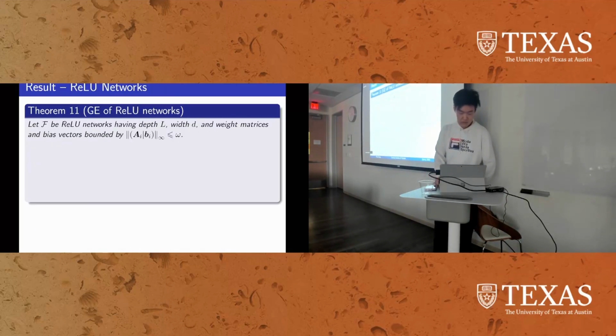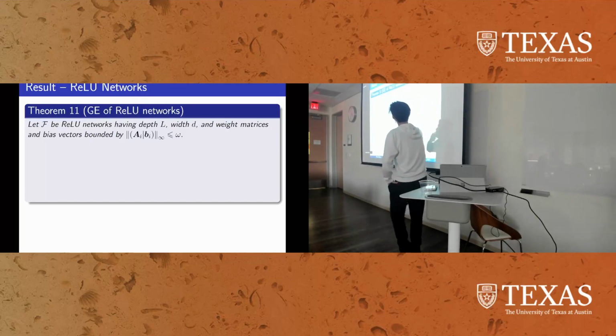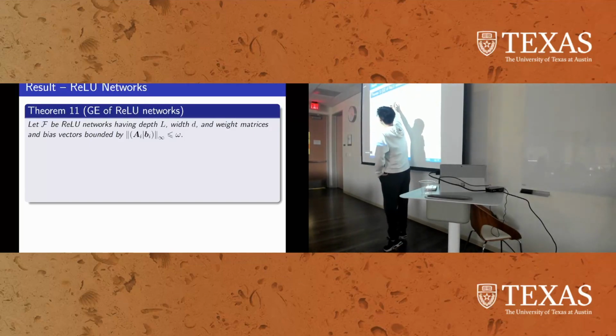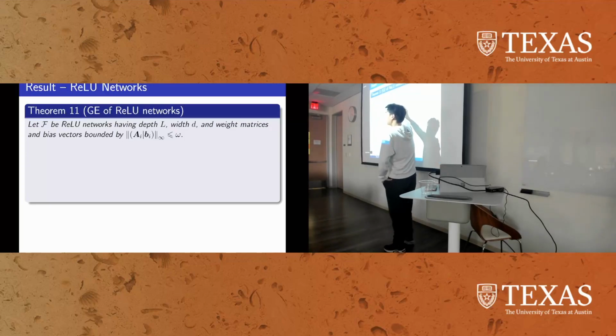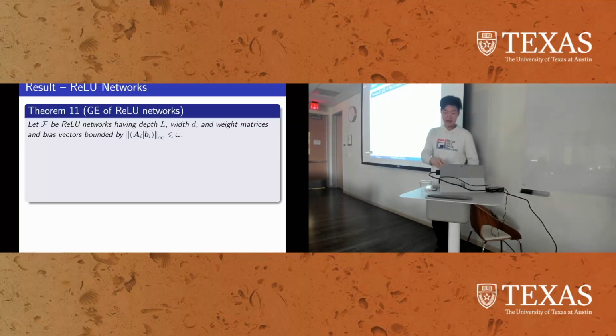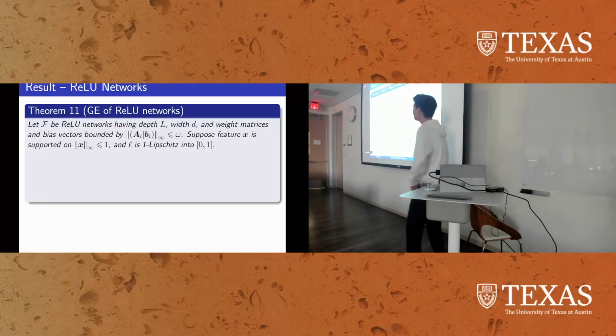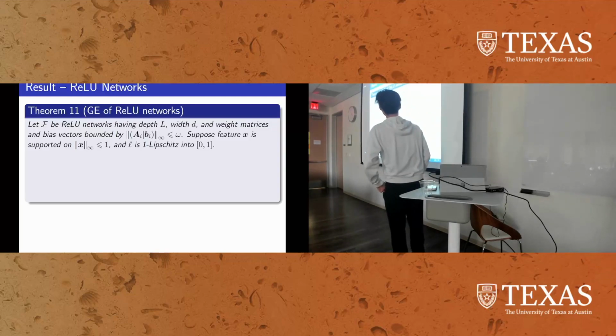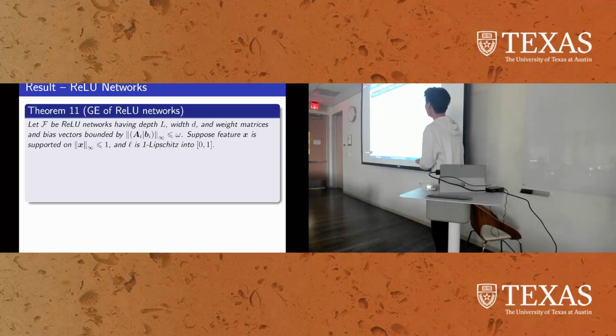Now, if I move to ReLU networks, the common setup is the following. When I stack the weight matrices A_i and the bias vectors b_i in this way, I require the L infinity to L infinity operator norm of this matrix to be bounded by omega. I also assume that my input is bounded in the unit cube, and again my loss function is 1-Lipschitz into [0,1].